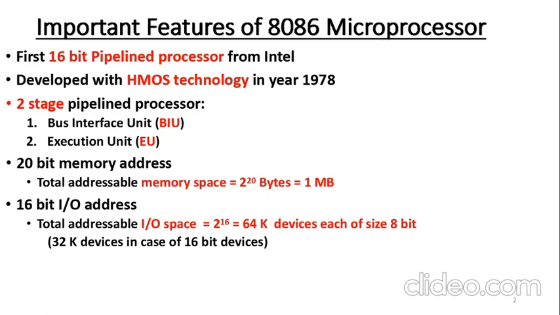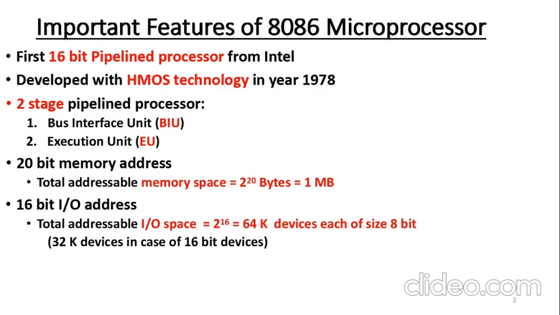Apart from memory address of 20-bit, this processor comes with 16-bit IO address. And this 16-bit IO address defines total addressable IO space, that is equal to 2 to the power 16, that is equal to 64K devices. And of course the size of each of that device is 8-bit.